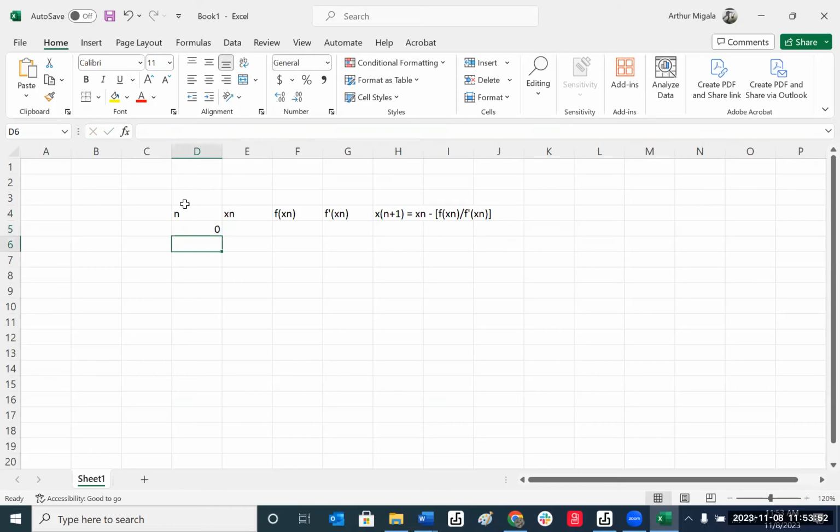So this is 0, this is 1, this is 2. And we'll build up there. So our initial value was x equals 1.